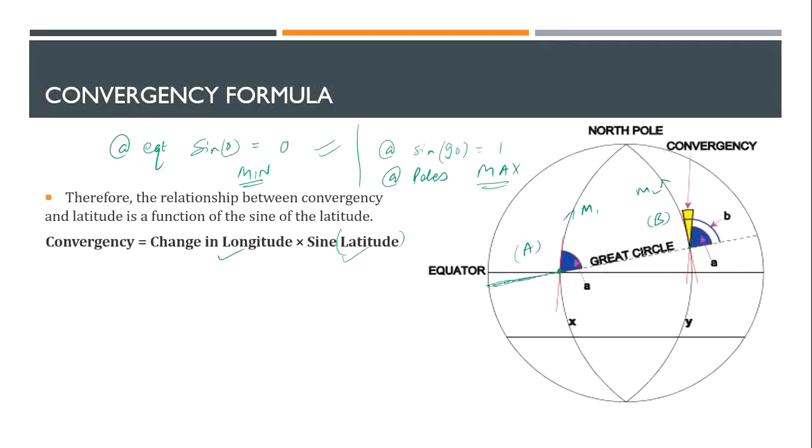What is a great circle? Definition: remember, the great circle has to have the same radius and the same center as the Earth.